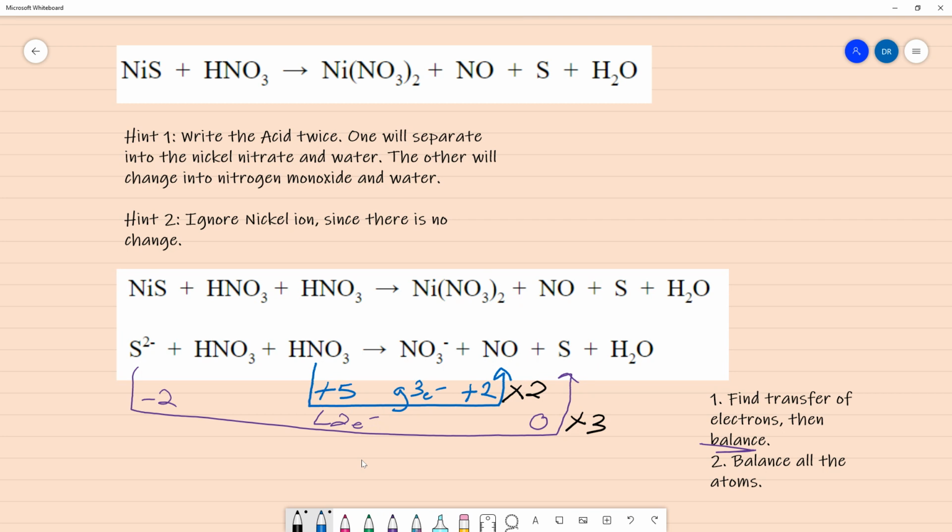What I just did, I can't ignore, so I'm going to come back up here. So it's going to be 2 nitrates that turn into 2 nitrogen monoxides. That's 3 sulfurs that turn into 3 sulfurs. 3 sulfur ions turn into 3 sulfur atoms. Okay, so now that's pretty much set for the transfer of electrons. In the half reactions, you're also trying to balance out these oxygens, right?